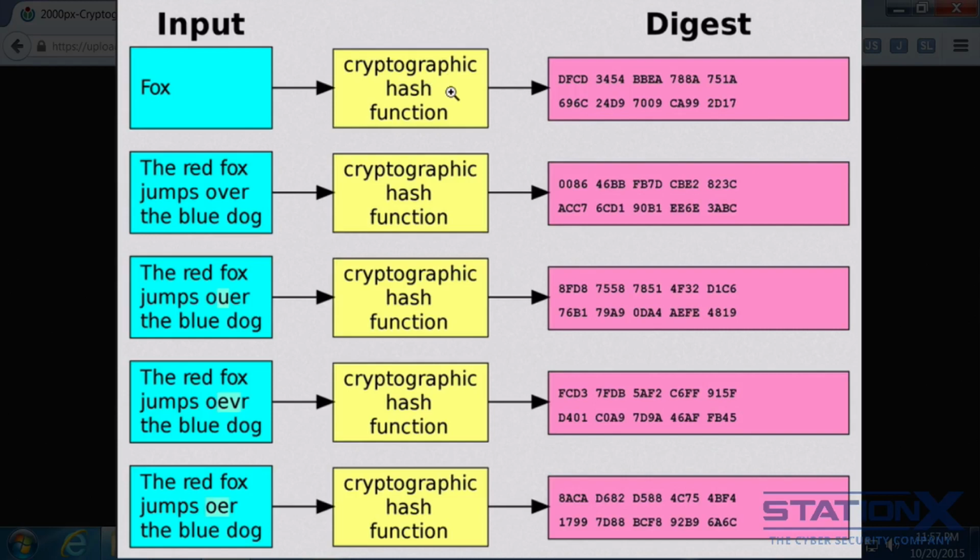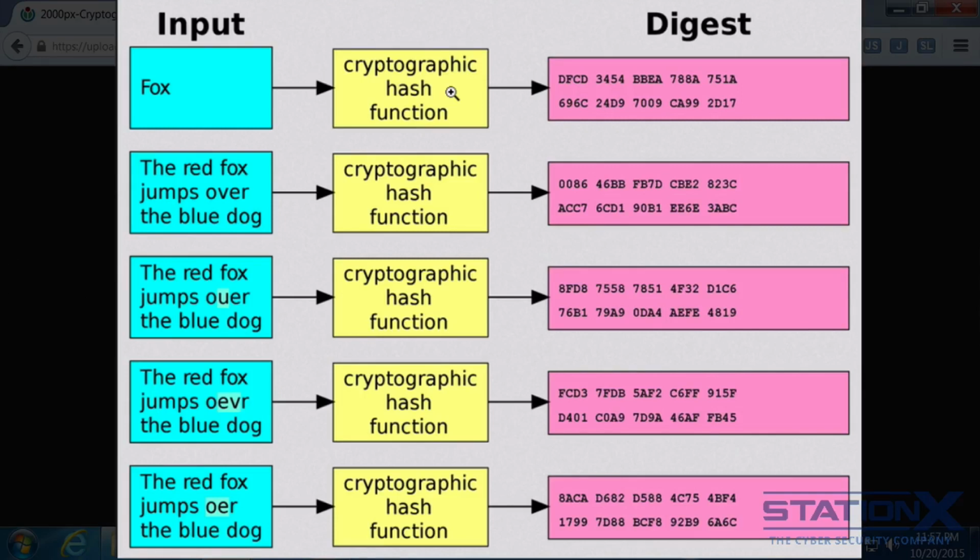So this provides integrity, and it detects unintentional modifications. It does not provide confidentiality or authentication. It cannot detect if an intentional modification has been made. There are many examples of hash functions.